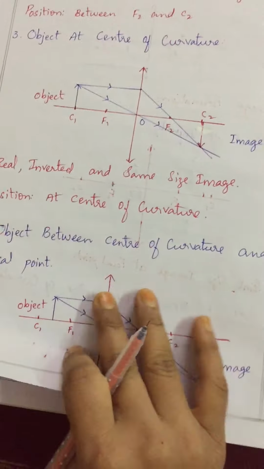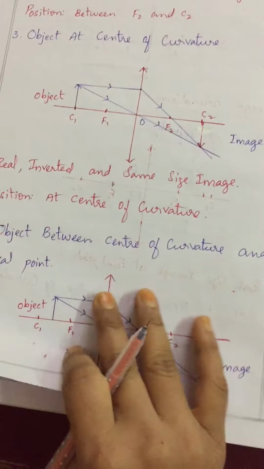See, it is intersecting at the center of curvature. So when we keep the object at the center of curvature, we also get the image at the center of curvature. It is an inverted image, the arrow mark is down, and it is a real image of the same size. The size will not diminish or enlarge. Suppose the object is 2 centimeter, the image height will also be 2 centimeter, and it is inverted.